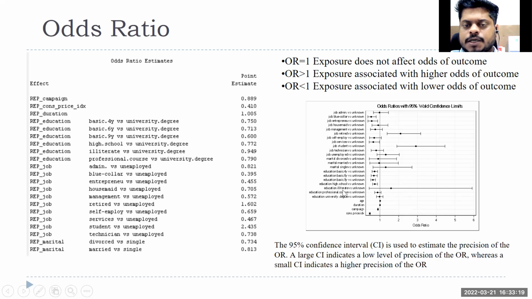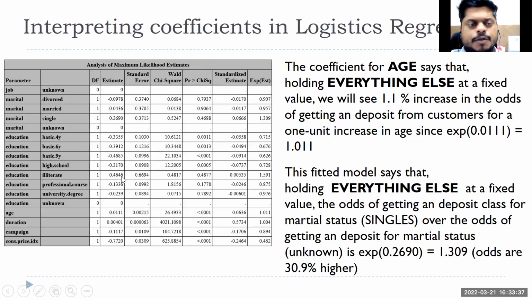So if I see education illiterate versus unknown, what is my point estimate? It should be in my previous slide.